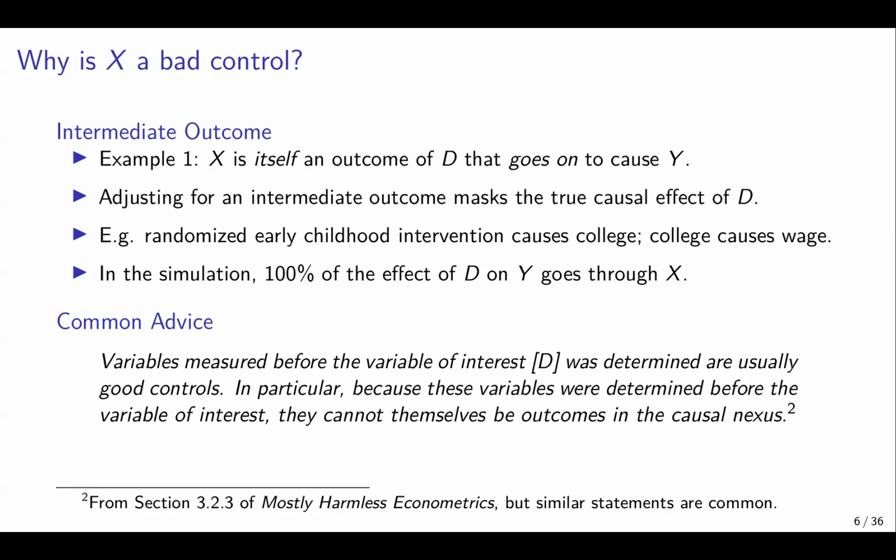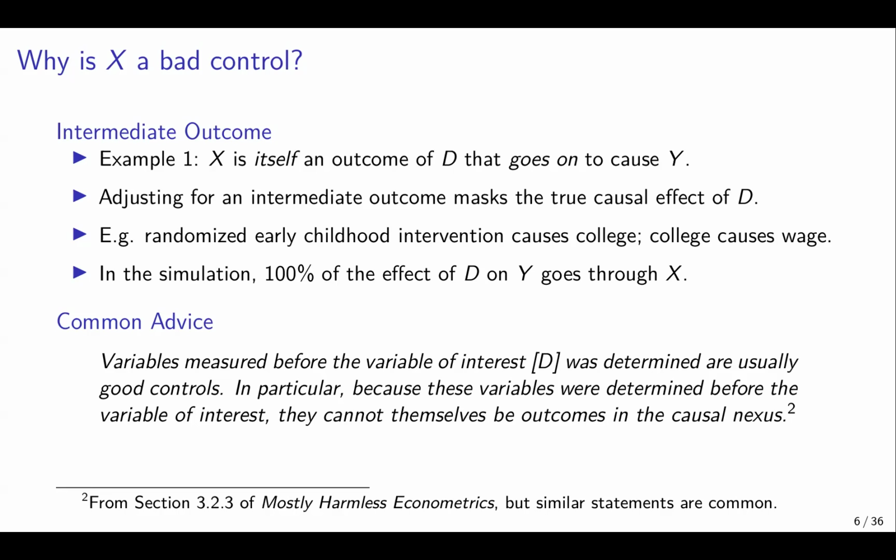So in our simulation, we have a very stark version of an intermediate outcome, because 100% of the effect of d on y operates through the effect of d on x. Right, so clearly the first bad piece of advice that I showed you is really, really bad, just as I claimed. So here's some other common advice.